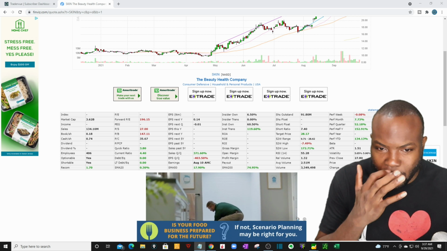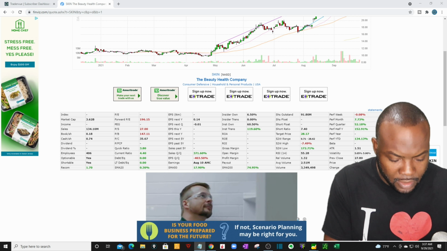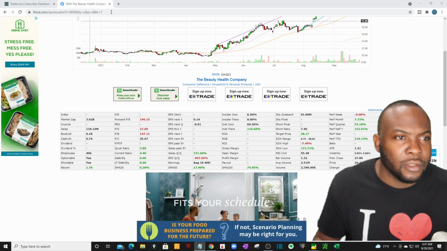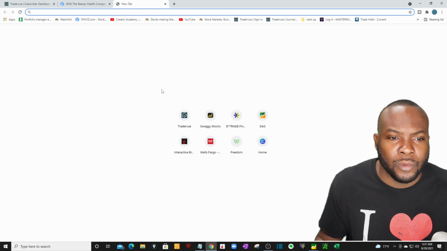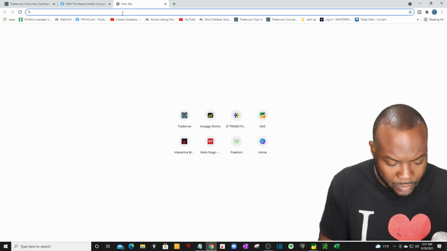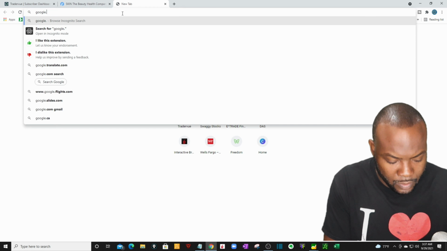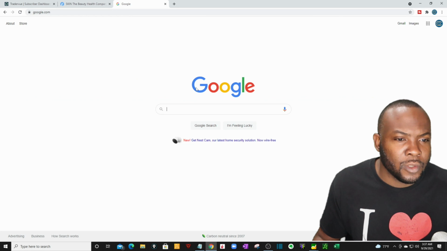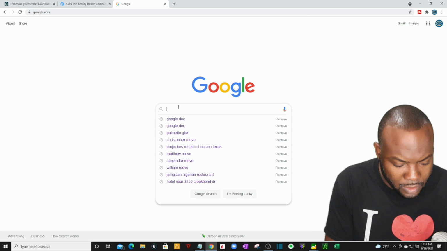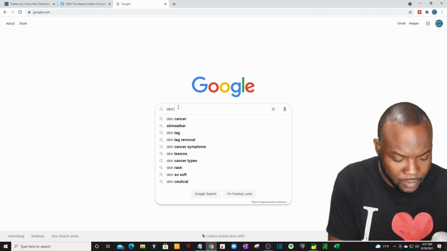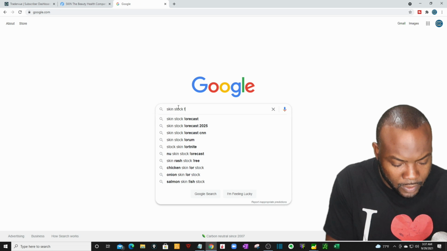After I figure out what the float is on this particular stock, I can just Google it actually. So I go to Google. SKIN stock float.